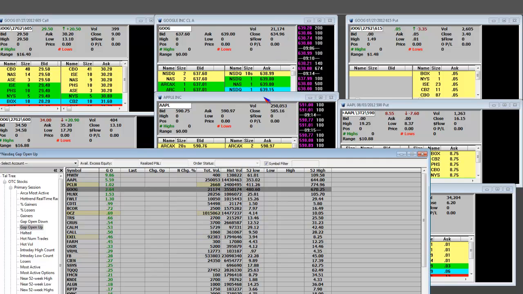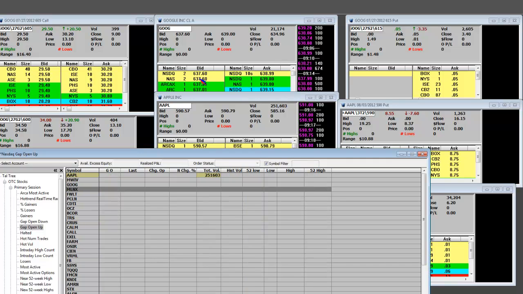Well, now we're going to go back up in this delta tree, and what we're going to be focusing on is this area around 644 or so, which is going to be a good little wall of resistance there.